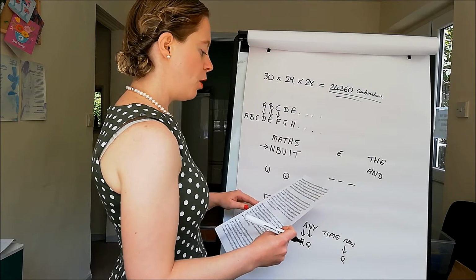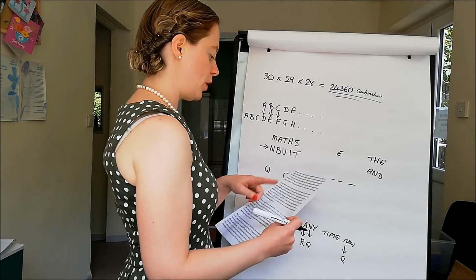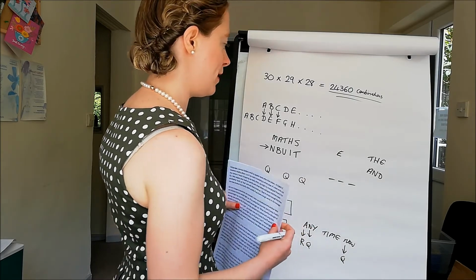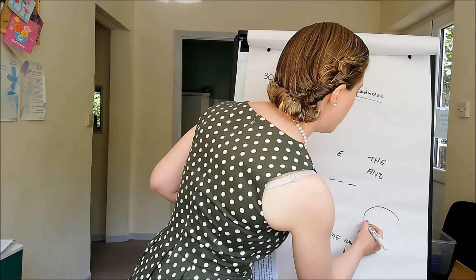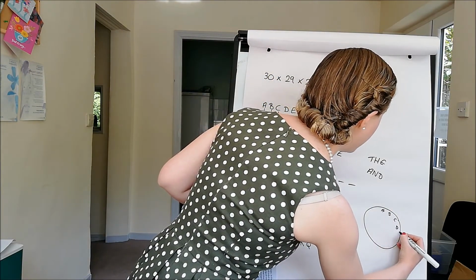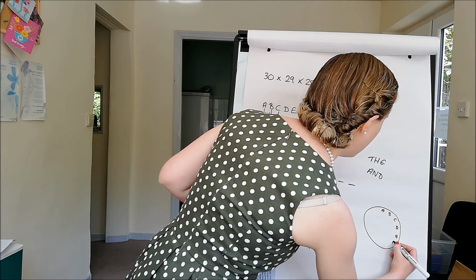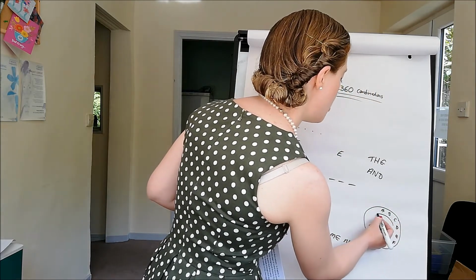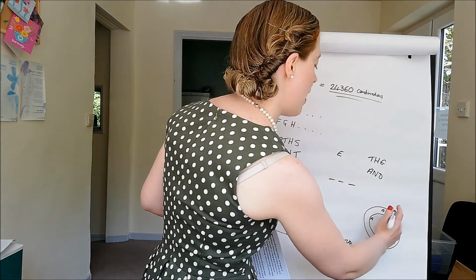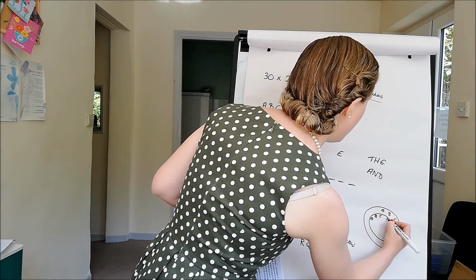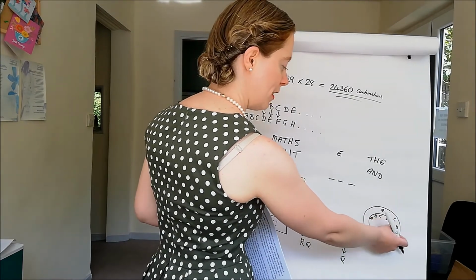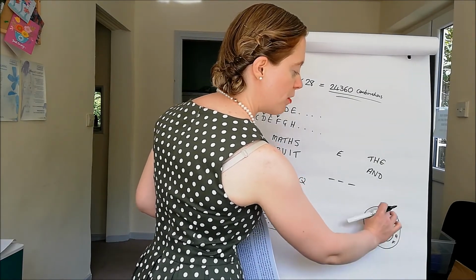But what Scherbius thought of doing was putting the 26 letters of the alphabet on a wheel and using that wheel to create a Caesar shift. So in other words, if you have the letters A to Z running around a wheel, and then you have another wheel also with the letters A to Z, but you make it so that middle wheel can be turned, you have a sort of mechanical way of shifting the alphabet so that different letters match up with those letters.